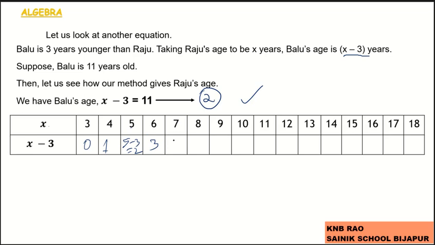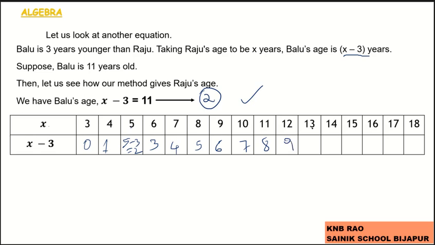When x is 7, x minus 3 becomes 4. When x is 8, 8 minus 3 becomes 5. When x is 9, 9 minus 3 becomes 6. When x is 10, x minus 3 becomes 7. When x is 11, 11 minus 3 becomes 8. When x is 12, it becomes 9.